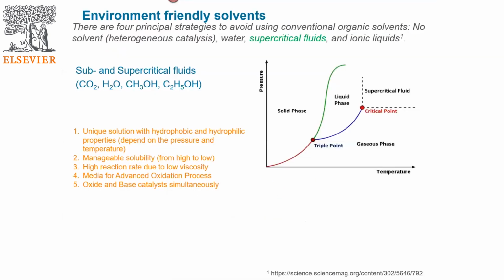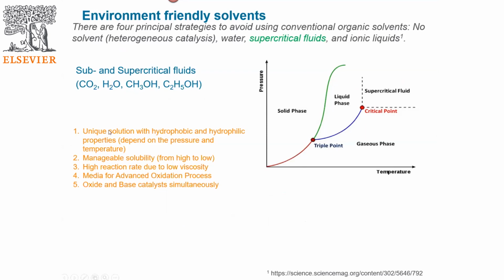The next environment-friendly solvent is sub- and supercritical liquids, fluids, not liquids. It would be more correct to say fluids. It's usually CO2, water, methanol or ethanol, which is under pressure and temperature above the critical point.